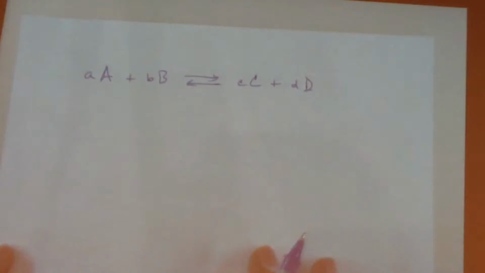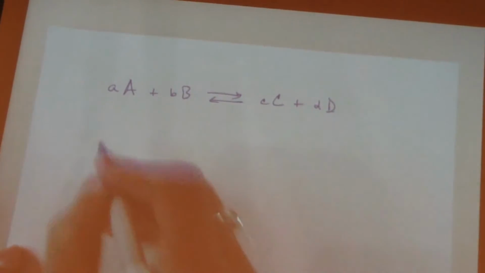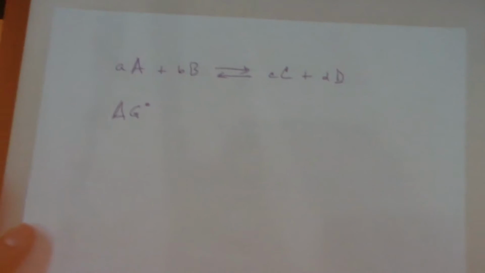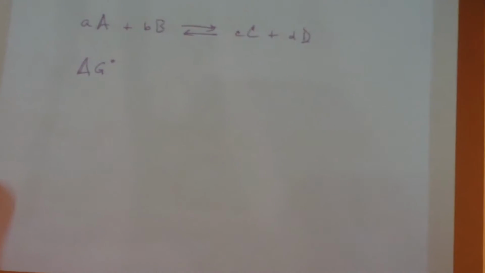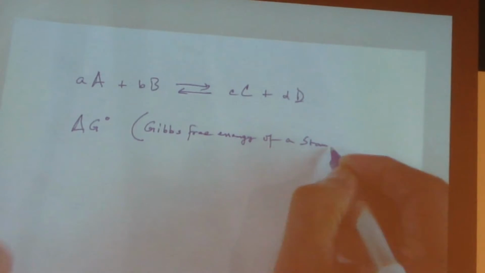And in that case now, we can also define a delta G0 as a superscript, which indicates that this is the Gibbs free energy of a standard system.